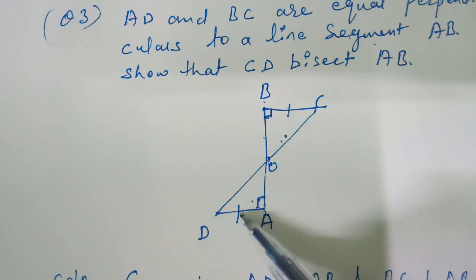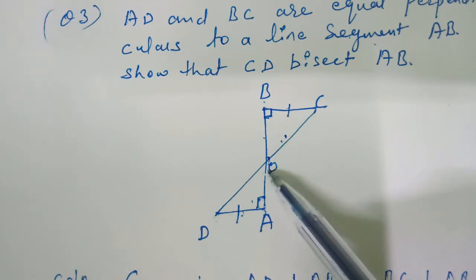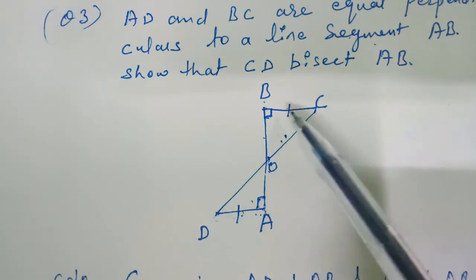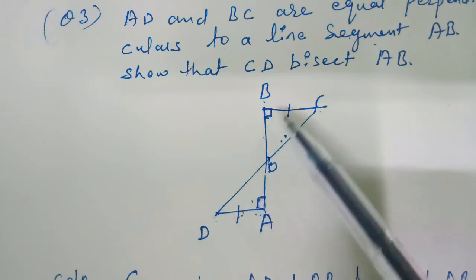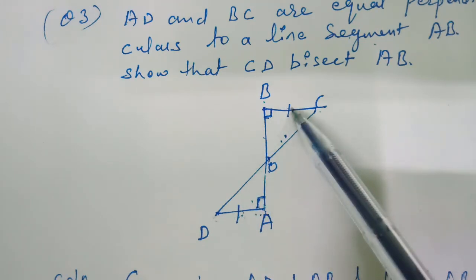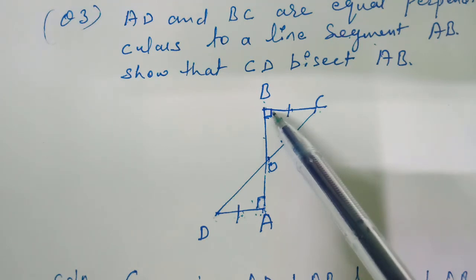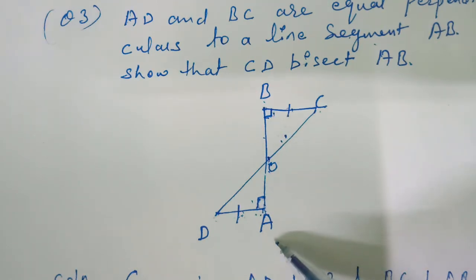First we are going to write the parts of triangle DAO because we have written it first. It is given DA equals BC. First part we are going to take this. It is given angle A is equal to angle B. It is also given. Two parts are equal. Now the third part may be common or may be on the basis of some property.